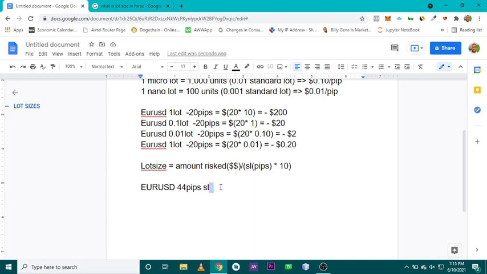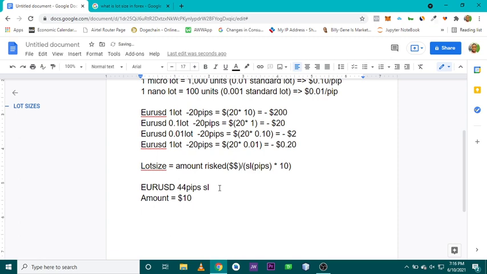So in this example, my stop loss is 44 pips, and the amount I want to risk, 10% of my account, is $10, and I'm risking 44 pips on that trade.